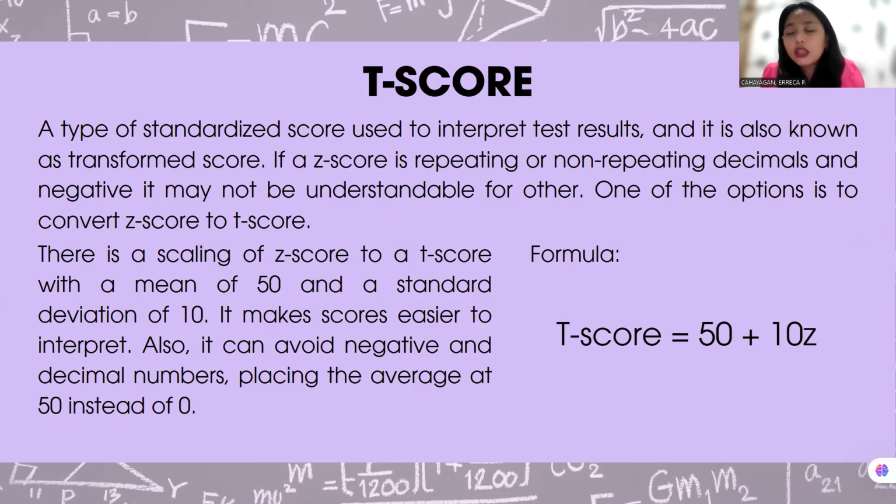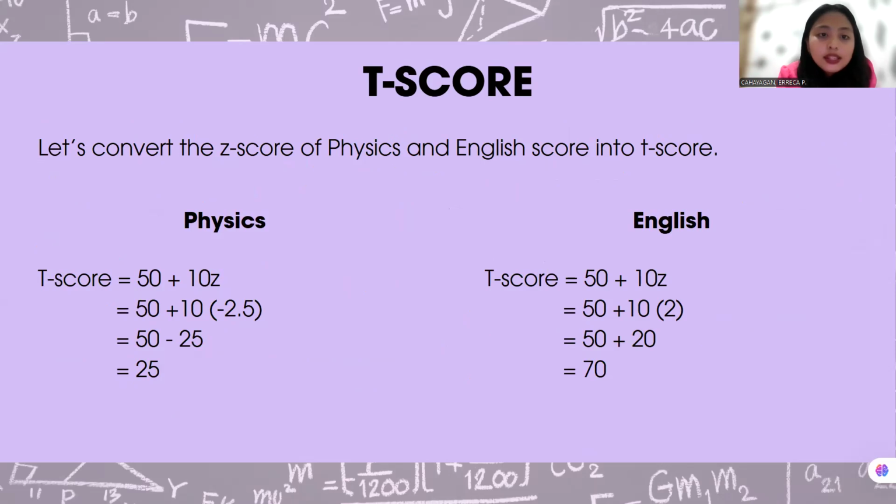Those repeating decimals are still inside the t-score. As you can see, the negative and the decimal of the physics, which is negative 2.5, is already gone when it is converted into a t-score. But the English score goes higher.